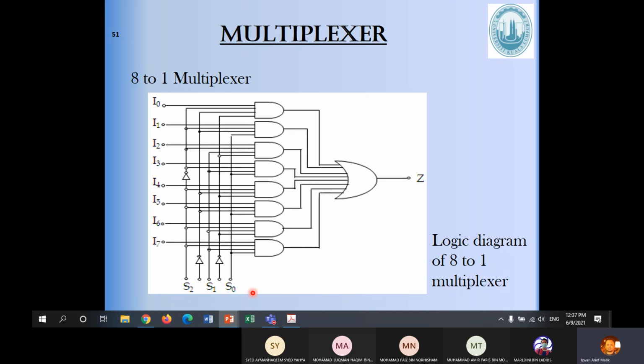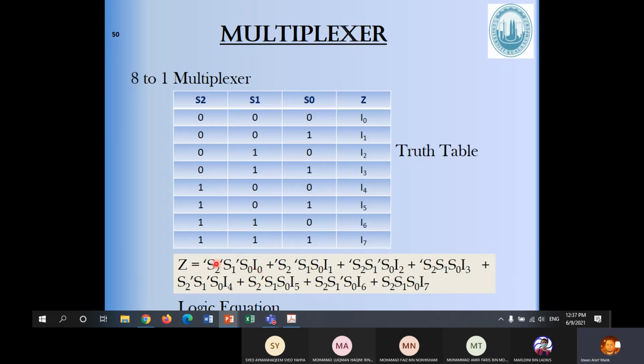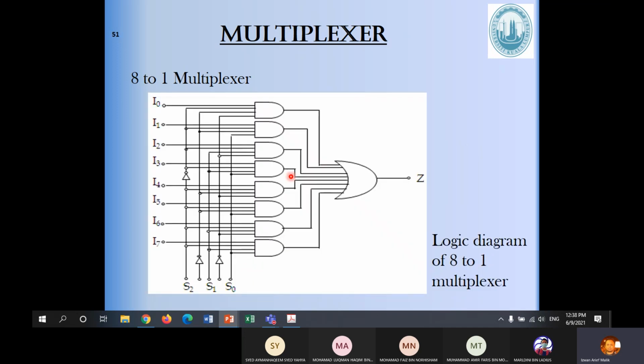Number of inputs 8, number of selectors 3, and then you'll be having eight 4-input AND gates, and then 1 OR gate with 8 inputs, each input for one input to the OR gate. The connection is still the same. For I0, we know the inputs are S2 bar, S1 bar, S0 bar, meaning all are barred. So we check. The top line is I0, the second line is S2 bar, the third line is S1 bar, the fourth line is S0 bar. So it is correct.